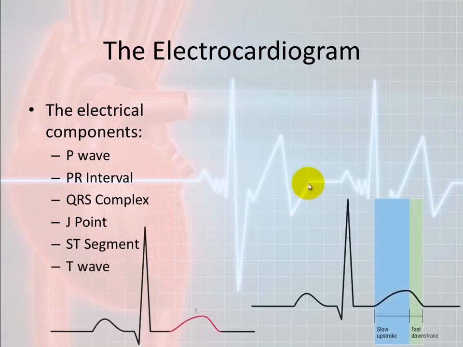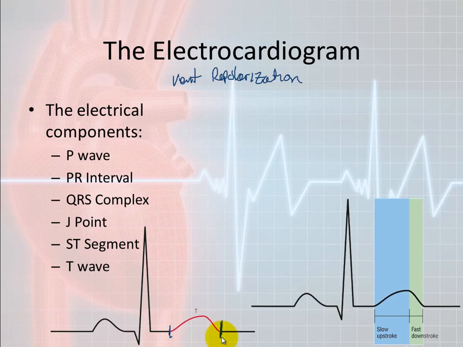Next, we're going to talk about the T wave itself. The T wave represents ventricular repolarization. It is measured from the deflection away from the ST segment here and ends when it comes back to baseline.